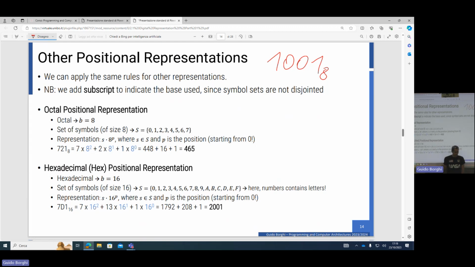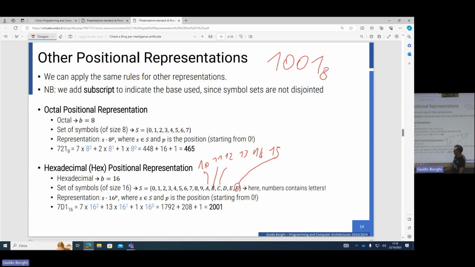D, the value of A is 10, B is 11, C is 12, D is 13, E is 14, F is 15. So the value of D is 13. So we have to write 13 times 16 to 1, and then 7 times 16 to 2. You can do all the computation. You can see that the final number in the decimal positional representation is 2001.